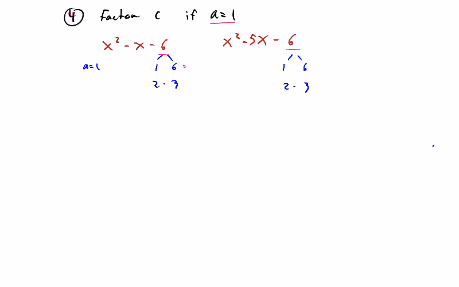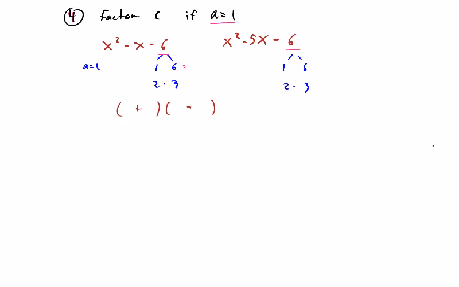We know in both of these cases, since I have a negative last term, that we must be working with two binomials where one of them is a sum and one is a difference. And we need to get the middle term to be negative. So we need to be taking the difference of factors.